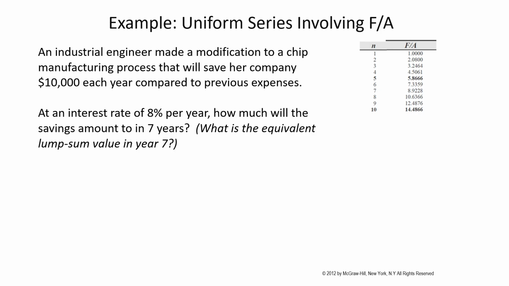So here's my 8% table, and here's the F/A column. That's convenient. So the factor that is with this n equals 7, 8.9228. So what goes inside here is just the 8.9228. That's the result of this.